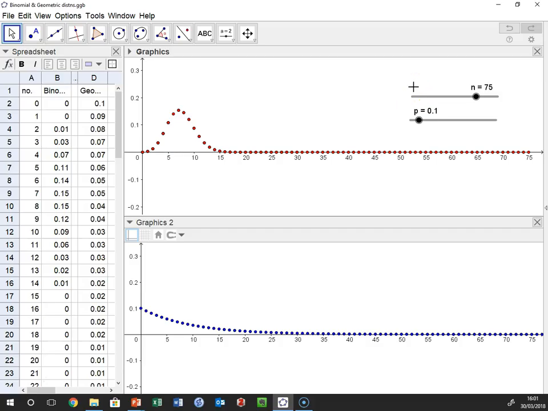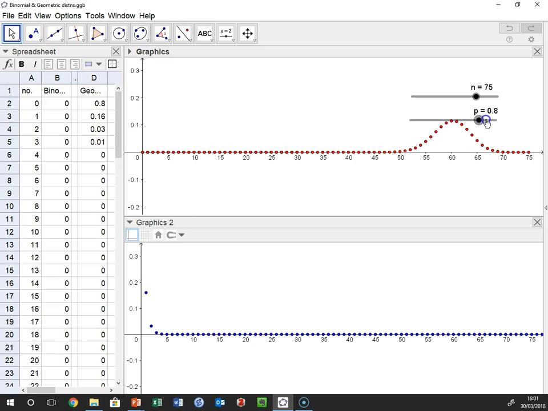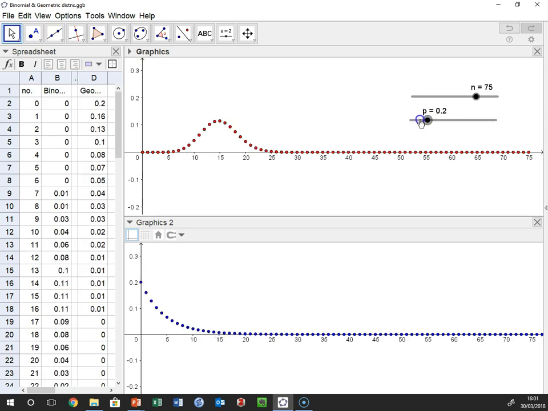So if we look in GeoGebra at the shape of the distributions, we have on the top a binomial distribution with n currently set at 75 and p at 0.1, and a geometric down the bottom that of course isn't dependent on n, so that is just relying on the value of p. Now if I shift the value of p along, you notice that the binomial shifts along with the value of p.